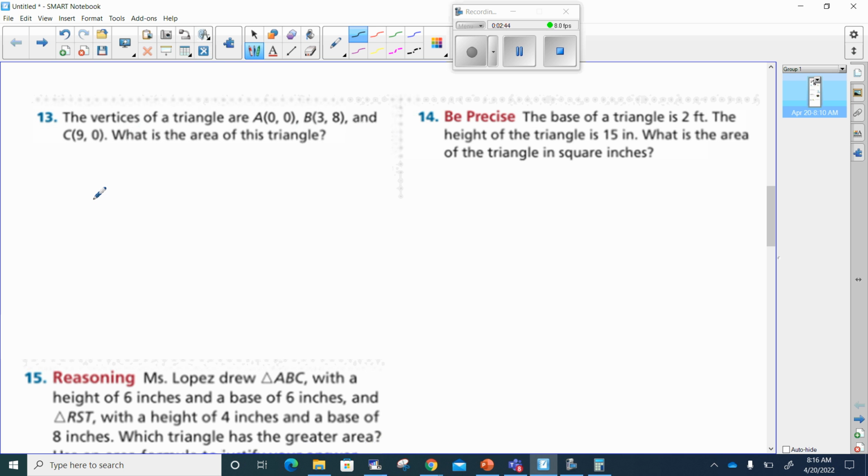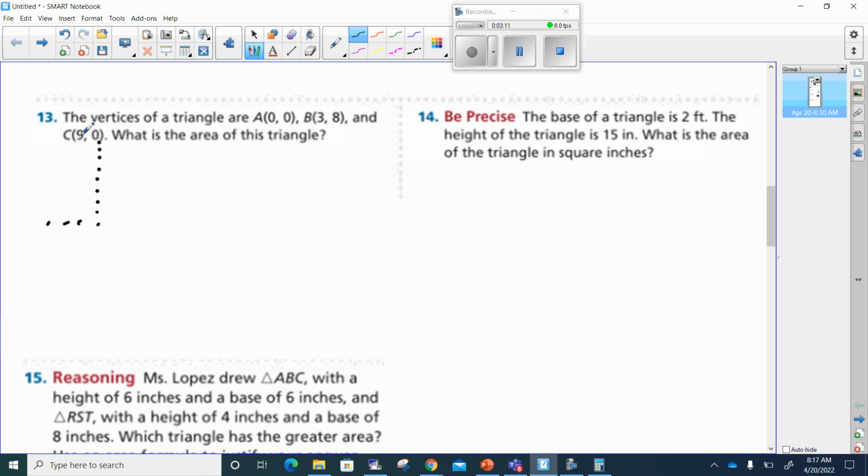So we've got 0, 0 down here, then 3, 8, that's going to be 3 across and then 8 up, right? 1, 2, 3, 4, 5, 6, 7, 8.